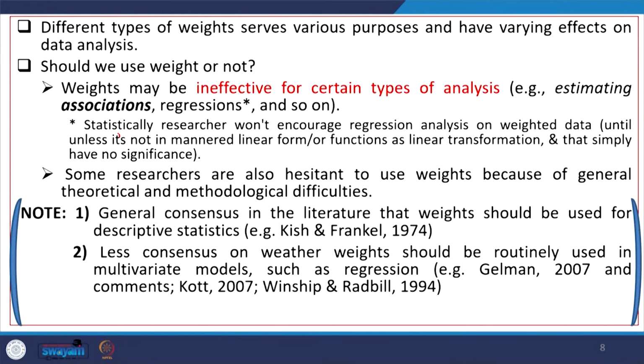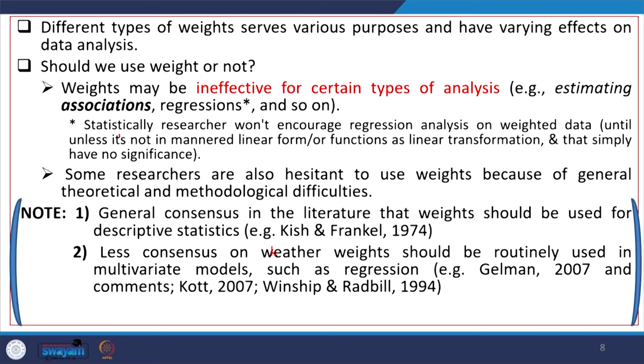Some researchers are also hesitant to use weights because of general theoretical and methodological difficulties. That is in fact true, and I was just talking about that. So, the two references we have highlighted at this moment, there are many other suggestions as well, like a general consensus in the literature that weights should be used for descriptive statistics, and less consensus on whether weights should be routinely used in multivariate models such as regression.